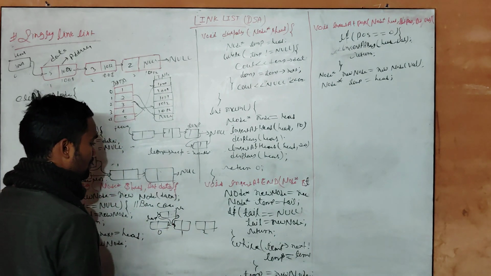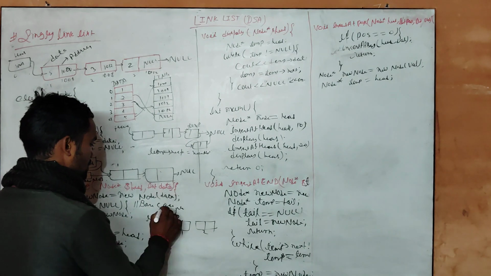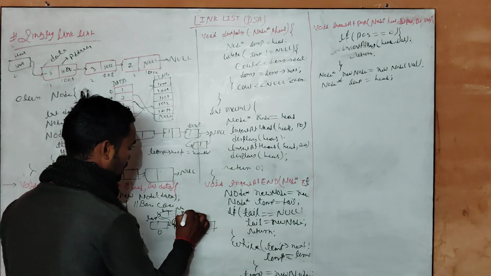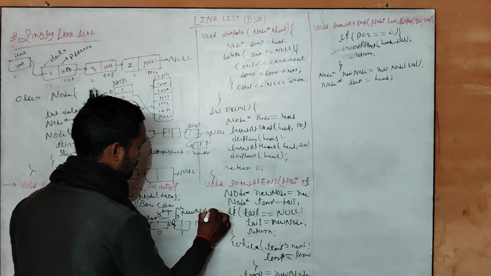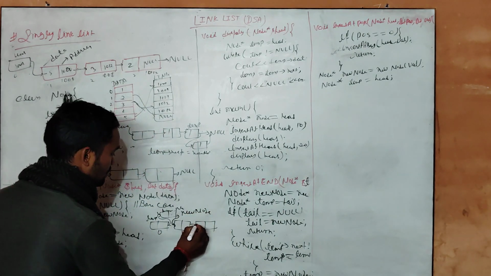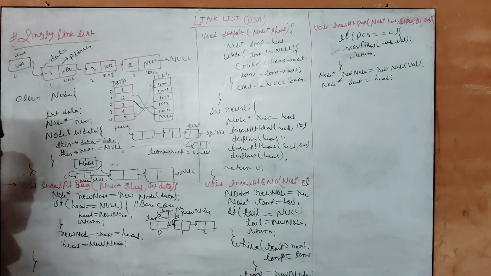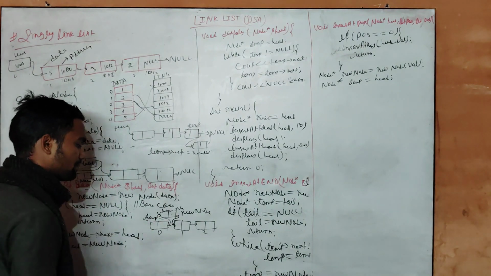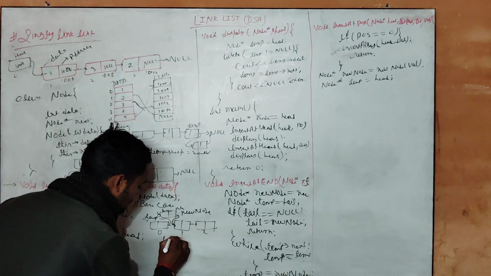Okay, then what will we write here? Suppose it is our new node. Then how can it work? It is temp. Temp of next.